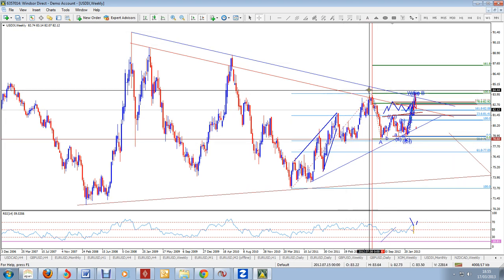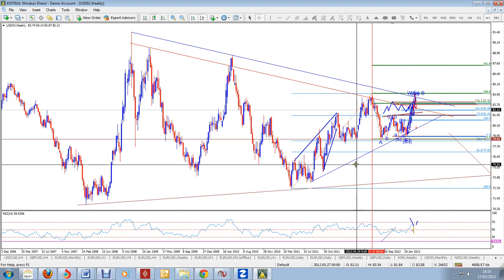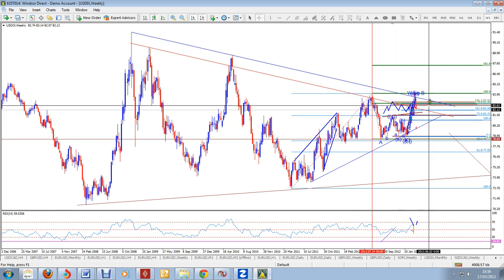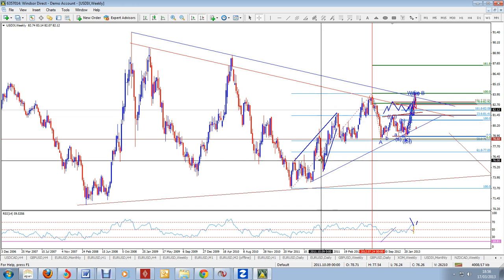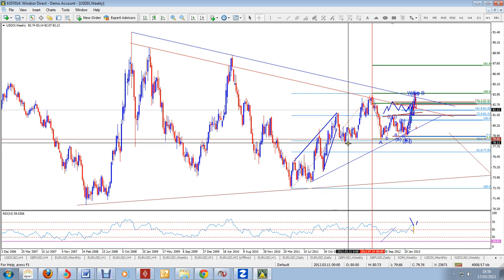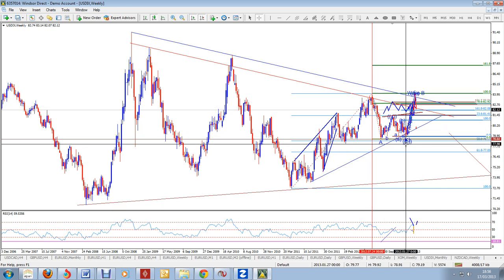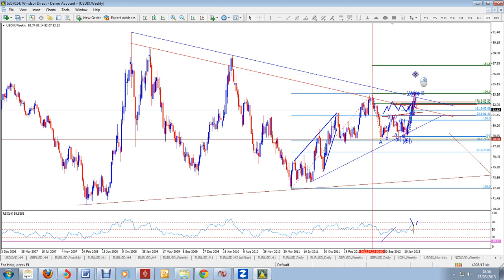So this one is a wave 1, this is the wave 2, and we are now in a wave 3 of 3. Meaning that this one is wave 1, wave 2 and wave 3, but this is also wave 1. So wave 1 of a larger degree, wave 2 of a larger degree, and then 1, 2 of a lesser degree, and then this being the first wave up in a wave 3, in which case they're expecting this one to come down here, and then they're expecting this one to really shoot up.